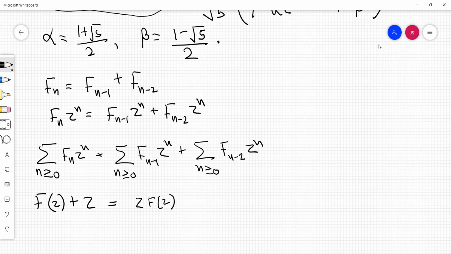The problem is, what if it is minus 1 then? So in that term, I took the summation from 1, and in the next term I took the summation from 2 because the f minus terms are not defined.